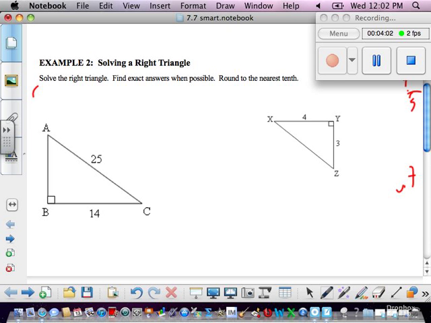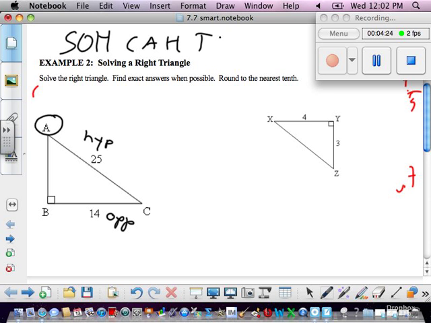So I'm looking at A. Across from A, we've got 14 and 25. Those are the sides that we're given. Across from A is 14, which is the opposite. And we have the hypotenuse. What trig function, if I'm using again, always SOHCAHTOA, please raise your hand. Which one do I use? Tangent, cosine, or sine?